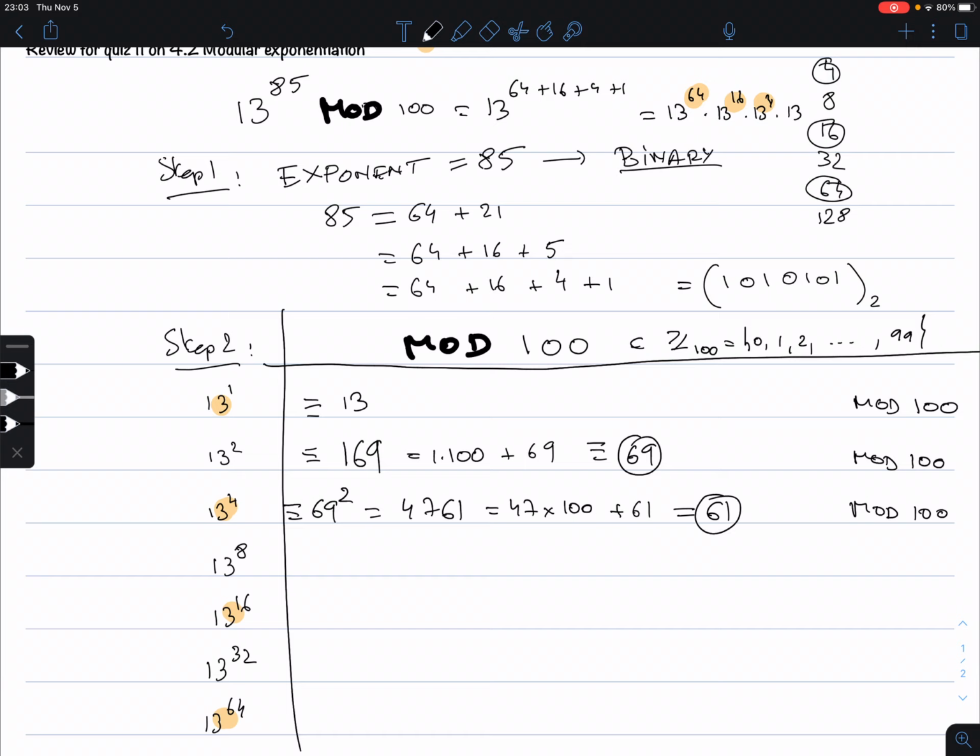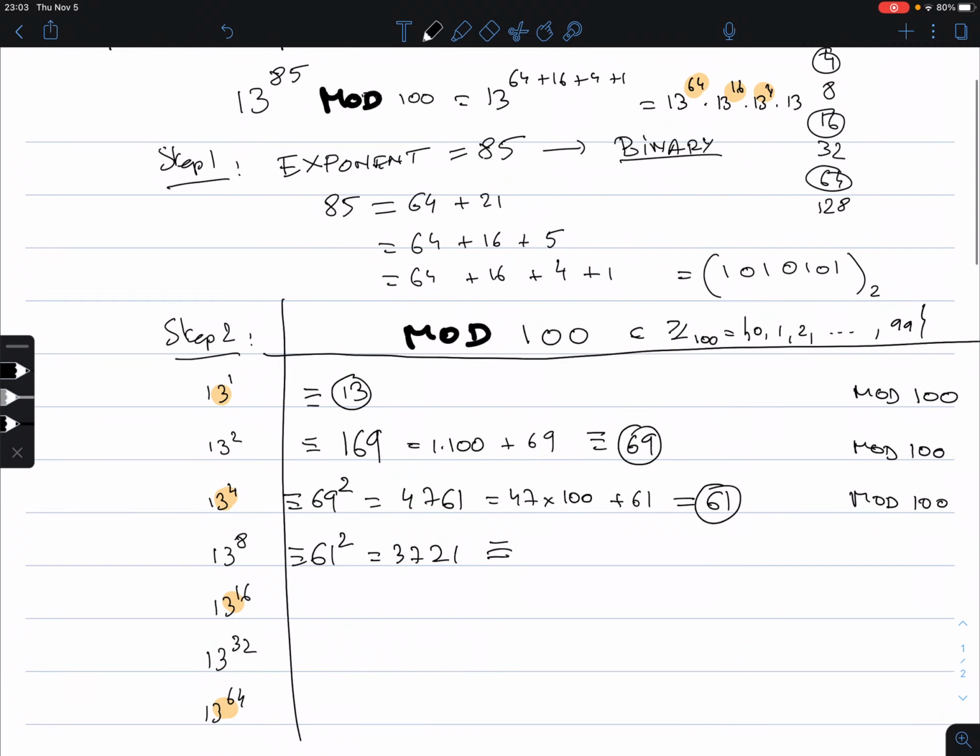It's this 61 that I'm going to use in the next step. I'm going to square that number, not the previous one, but this one now, 61 squared. Okay, 61 squared is 3,721. This part is just calculator, but I can immediately see now, can you see immediately what is the remainder?